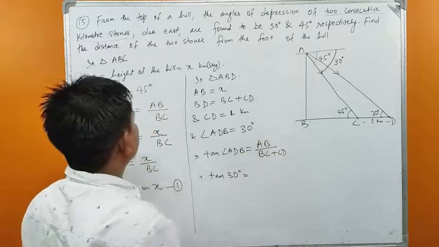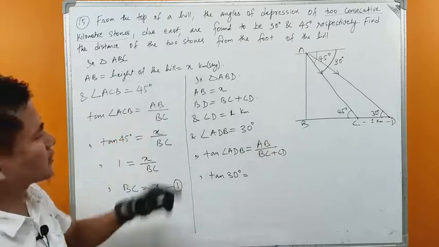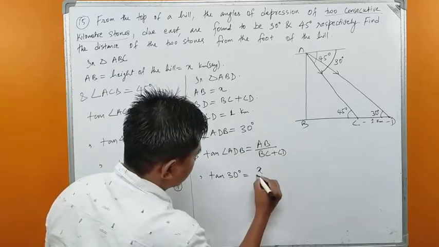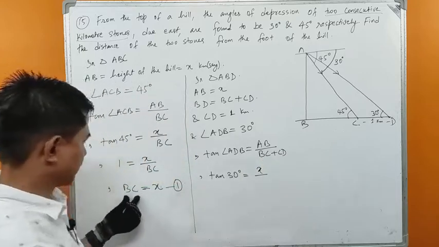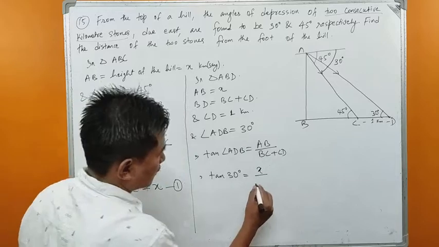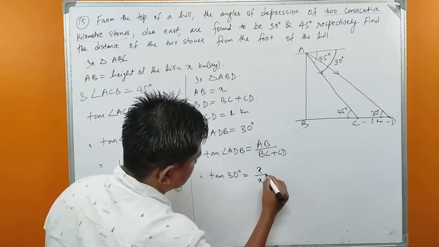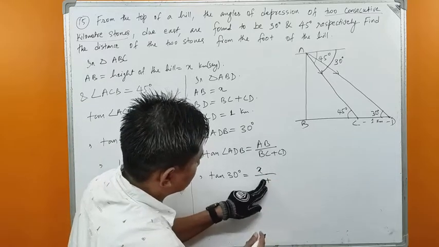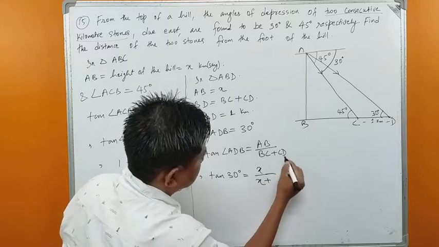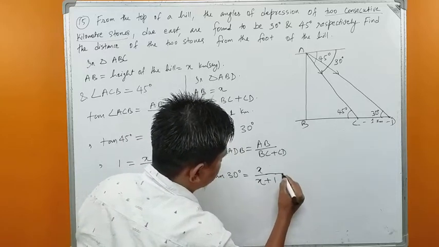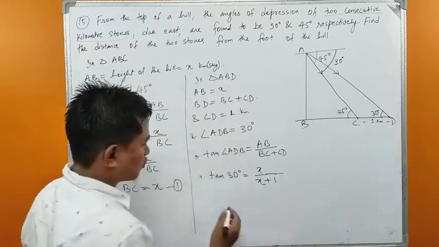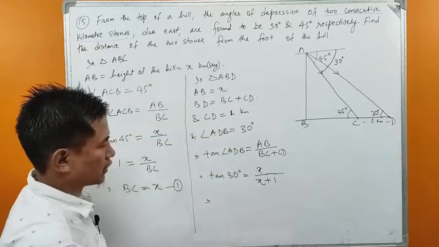We know AB equals x upon BC, and we found in equation 1 that BC equals x, plus CD, which is equal to 1. CD is 1 kilometer, because the distance between two consecutive kilometer stones is always 1 kilometer.